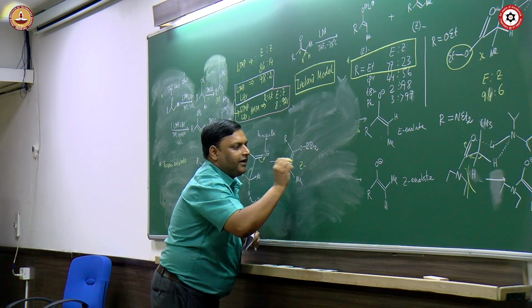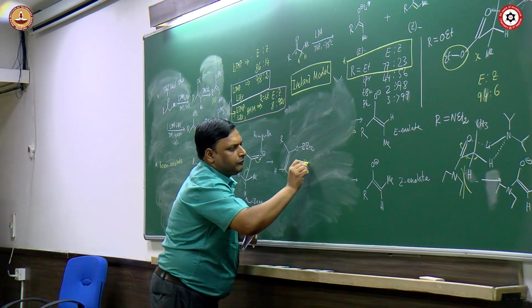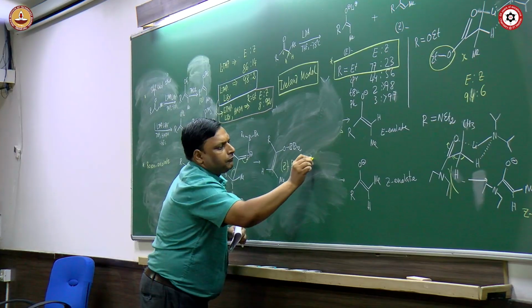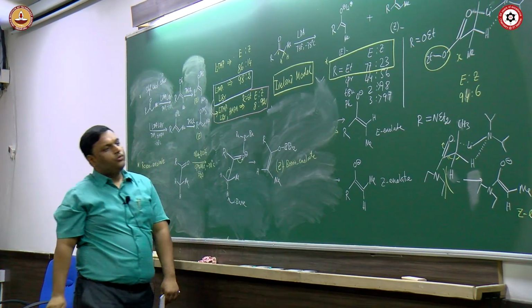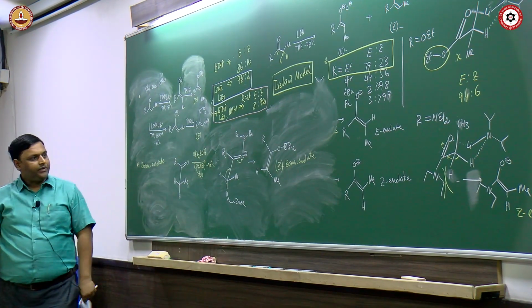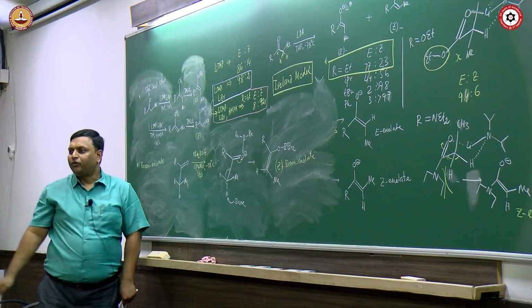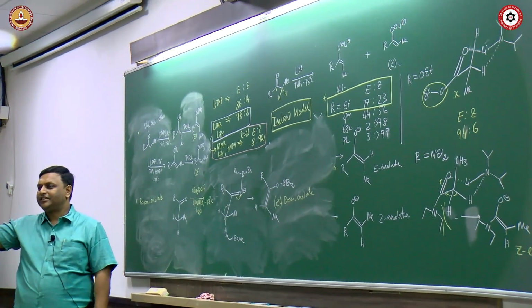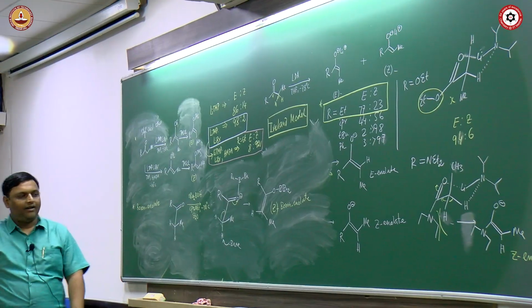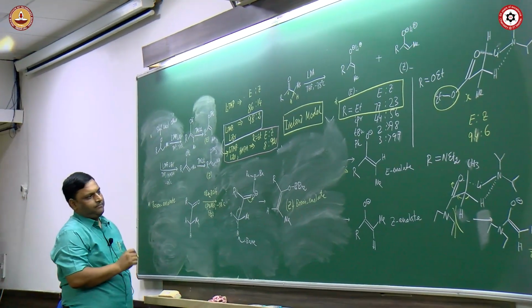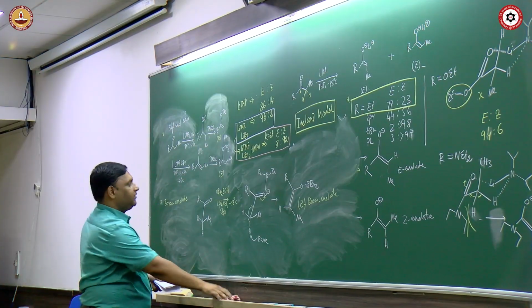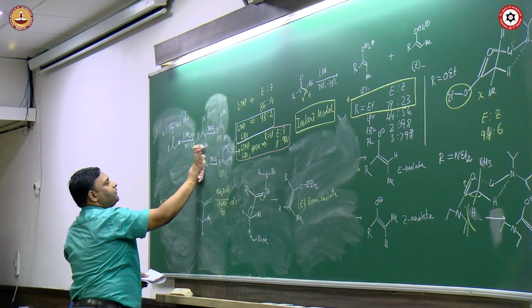So this is my Z boron enolate, exclusively Z. Particularly in boron cases, we usually do not get any E. If Z, it is always 98-99% selectivity.